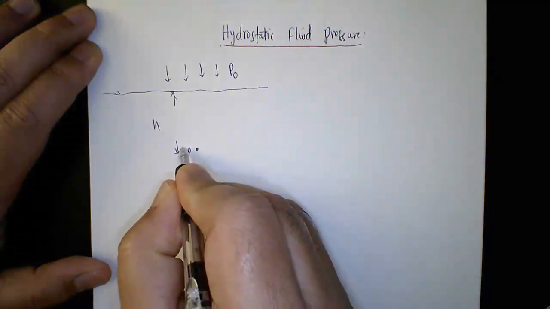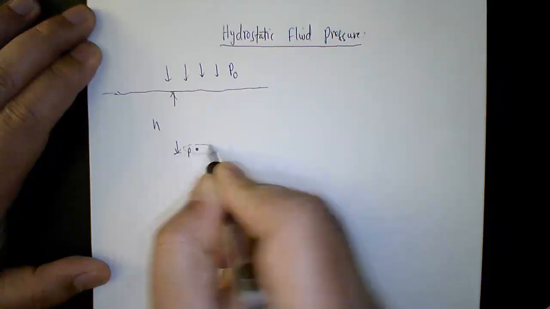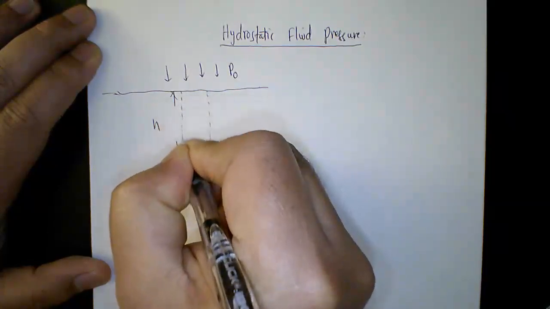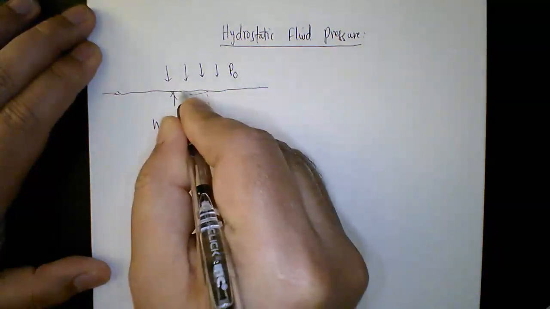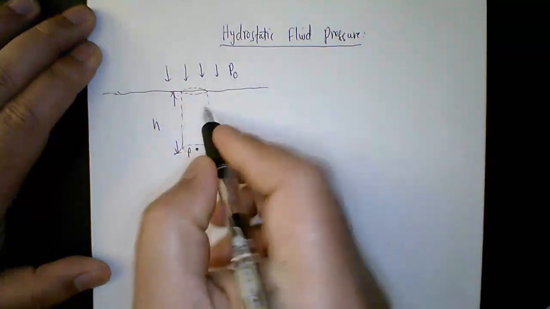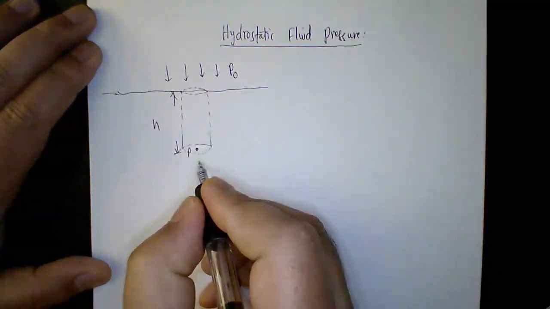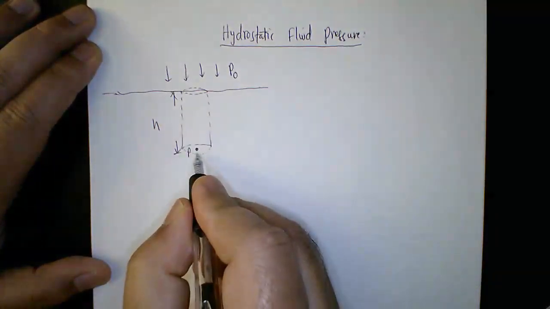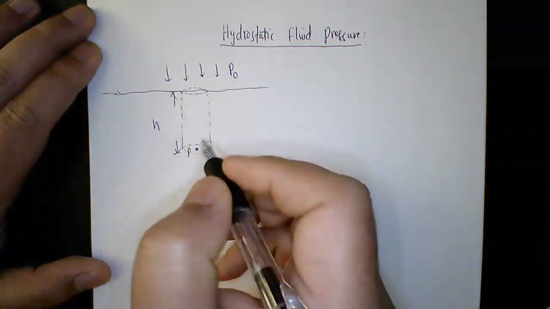Let's draw an imaginary cylindrical fluid with the same height but any diameter. Here the fluid is acted on by pressure from everywhere, right?